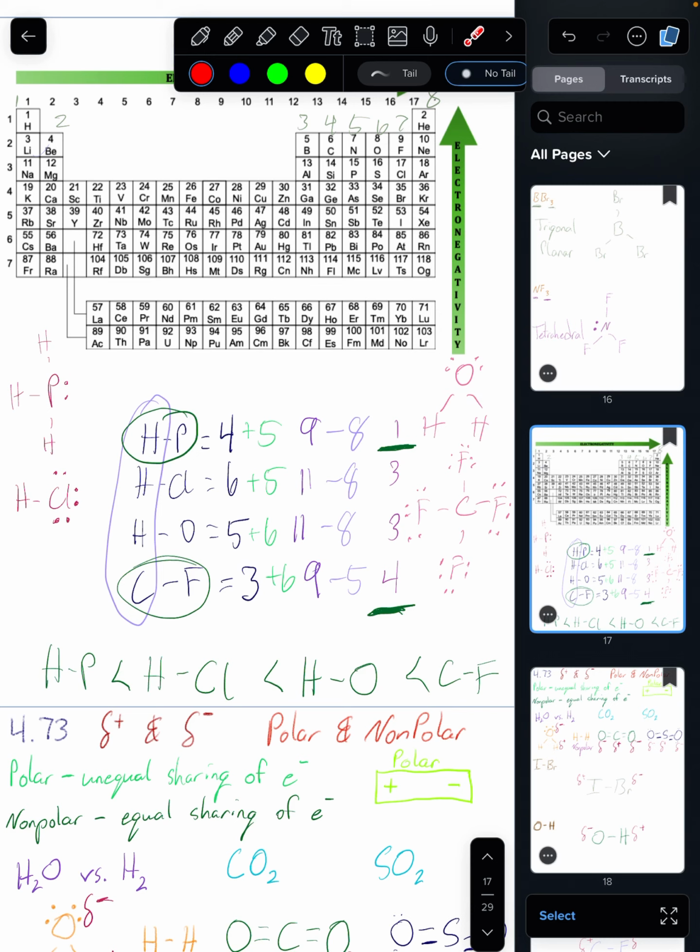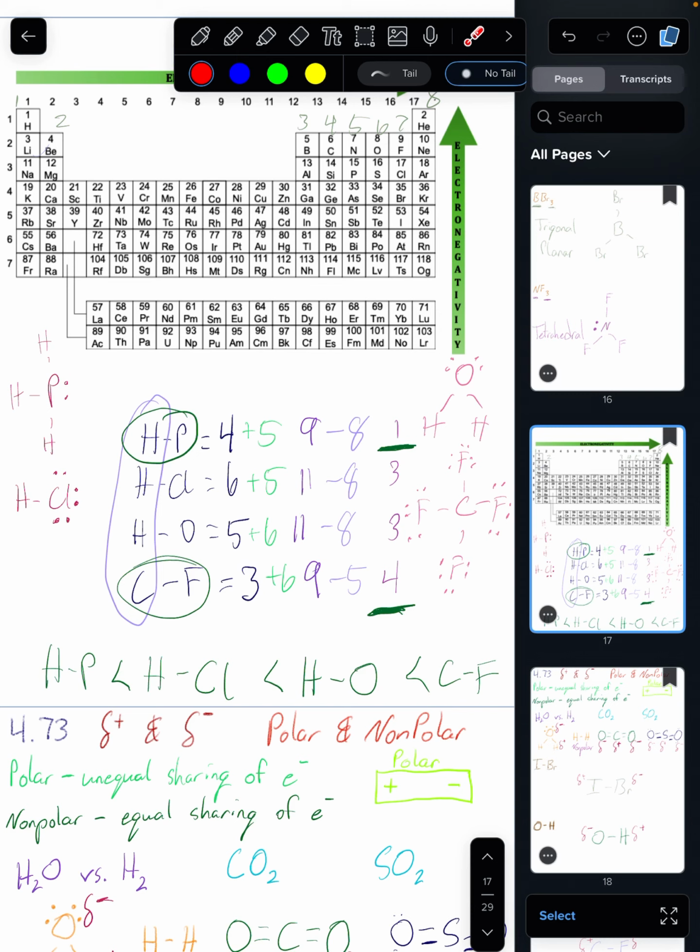This water is next because you know this one's going to be more positive. This one's going to be more negative. Okay? This chlorine is happy with its. Okay? And this phosphorus is happy with its.